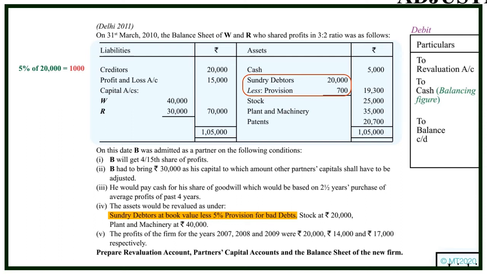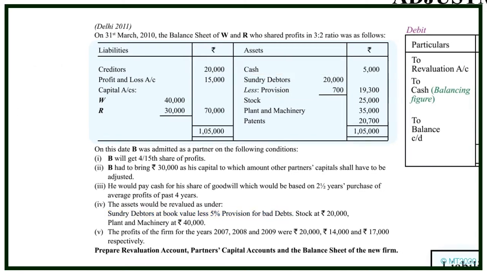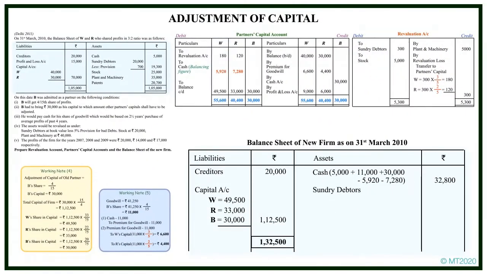That means the provision for sundry debtors increased from 700 to 1,000. So there was a net increase of 300 rupees in the provision. Thus, the sundry debtors now would appear in our new balance sheet as 20,000 less provision 1,000 instead of 700, which was the old figure. So the net amount for sundry debtors is 19,000.